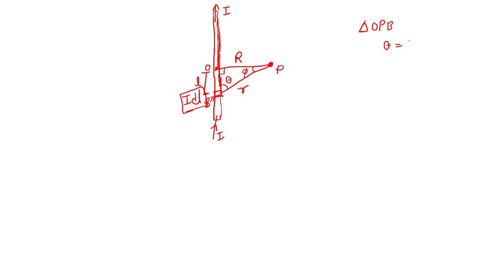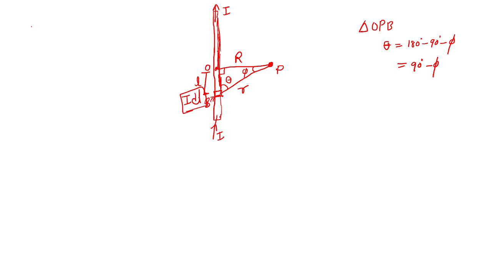It will be 180 degrees minus 90 degrees minus phi, so it becomes 90 degrees minus phi. This is the value of theta, which we will use in Biot-Savart's law. I hope you are clear with this.